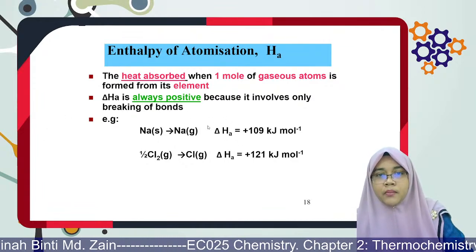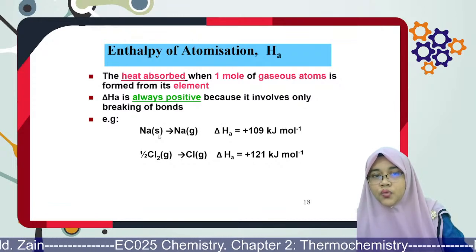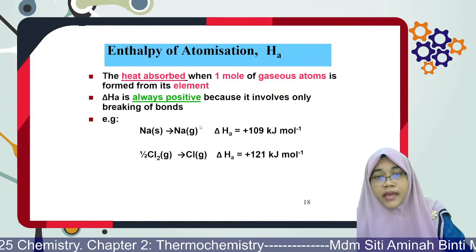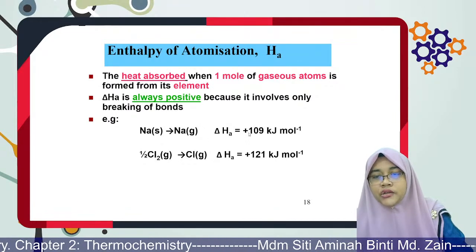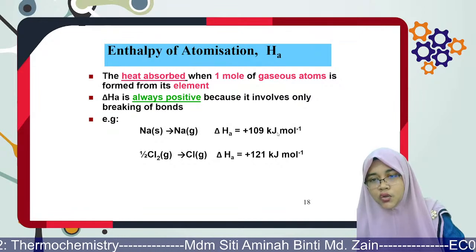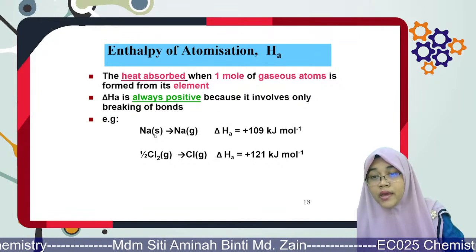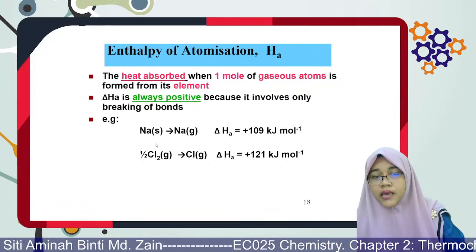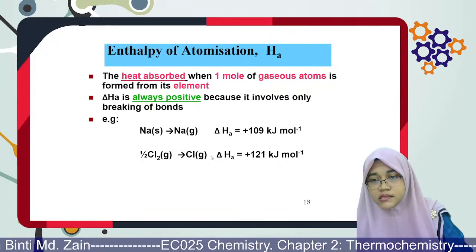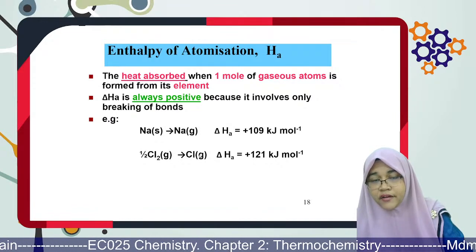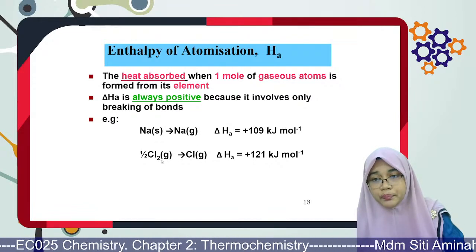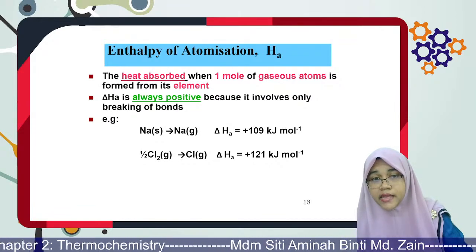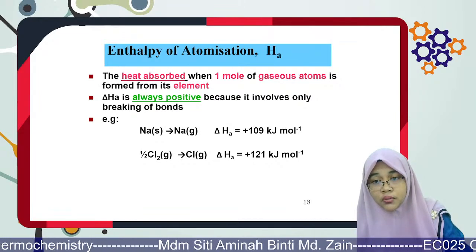So the enthalpy of atomization for solid sodium to form sodium gas, which is what we call an atom of sodium, requires about 109 kilojoules for the solid sodium to absorb in order to break the bond. Same goes with chlorine. A chlorine atom is Cl gas, but chlorine itself exists as Cl2 at 25 degrees Celsius, as a molecule.